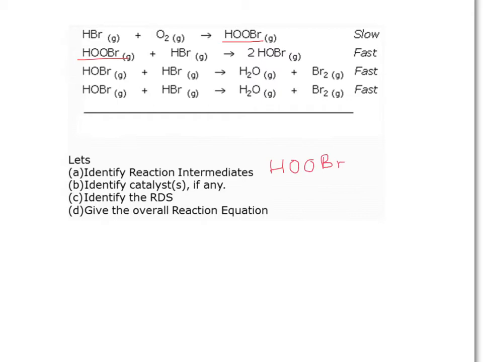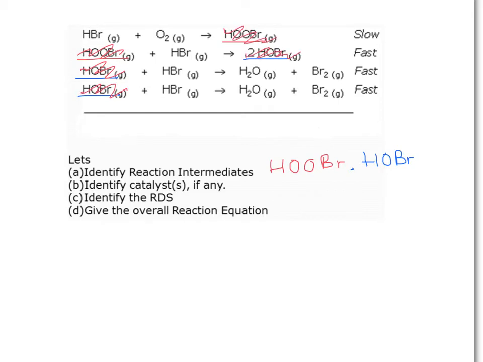Next, I see that I have 2 HOBr on the product side, and I have 2 on the reactant side. They can cancel since there's 2 on opposite sides of our arrow. That is also an intermediate, so I'm going to write down HOBr. You don't need to write down the 2, we're just identifying it. So all of these species are canceled out.